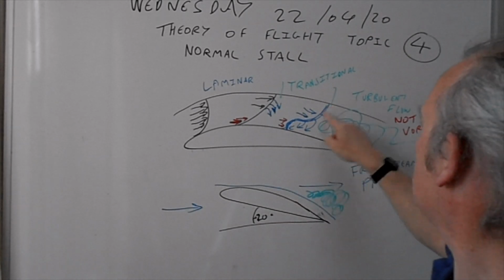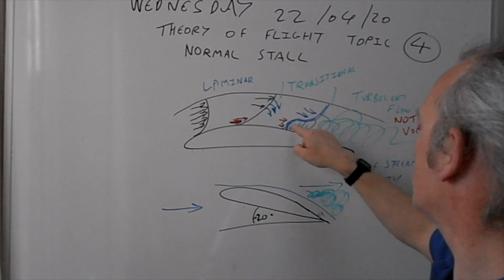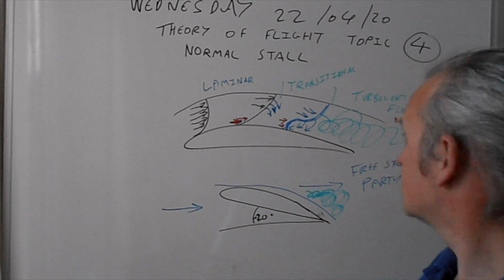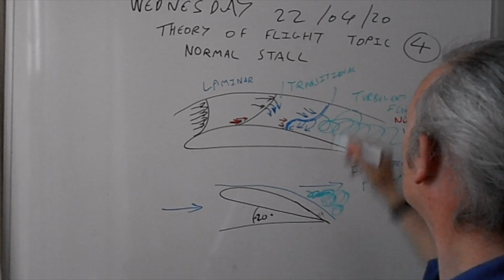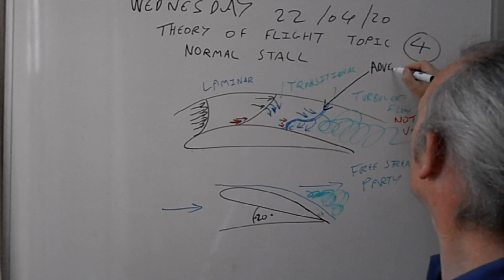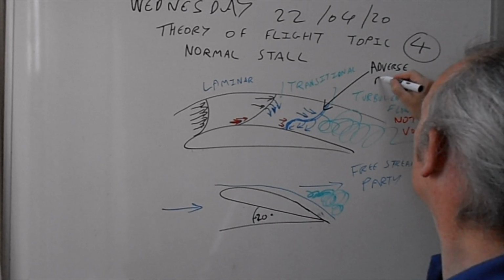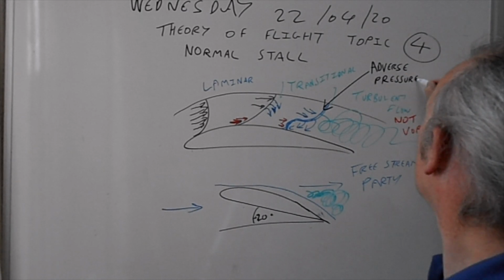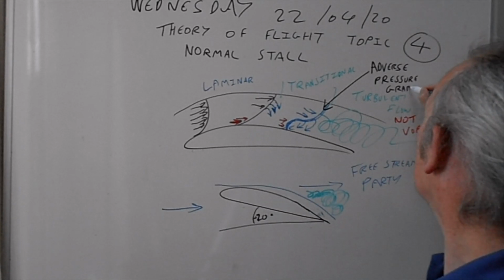This blue bit here, where it goes back over on itself, is called an adverse pressure gradient.